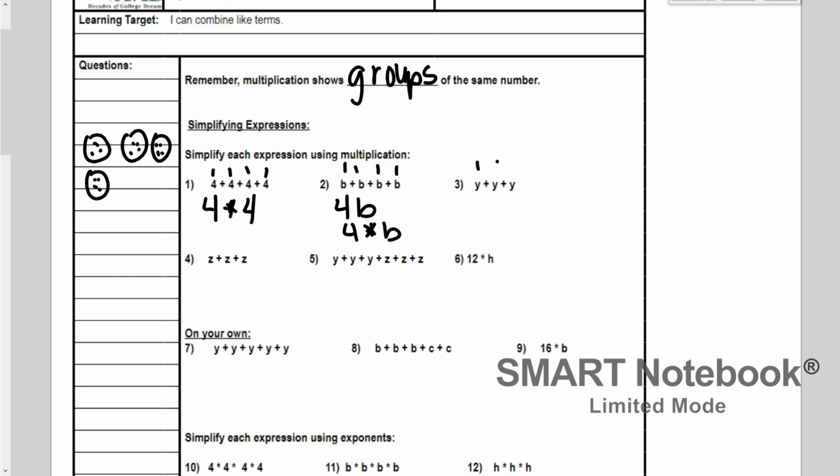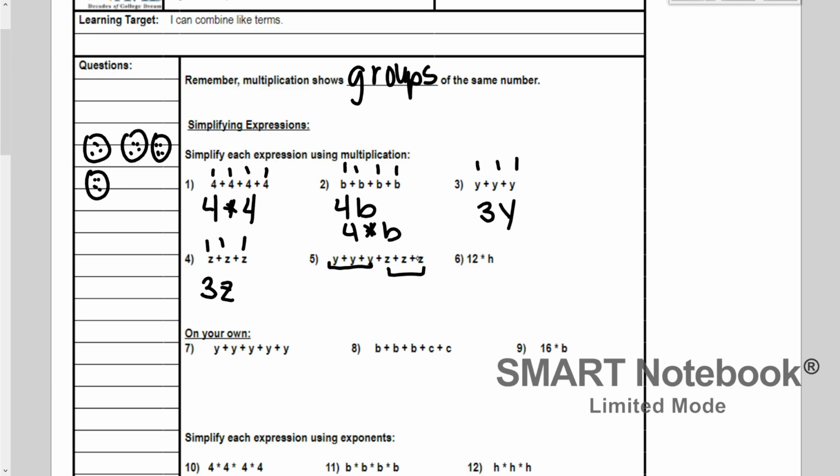Same thing here. We've got 1, 2, 3 groups of Y, so it would be 3 times Y. Okay, if you're starting to catch on to this, you can work ahead of the video. Here we've got 3 groups of Z, so this would be 3Z. Z plus Z plus Z, 3 zebras. Here remember we can only combine ones that are the same.